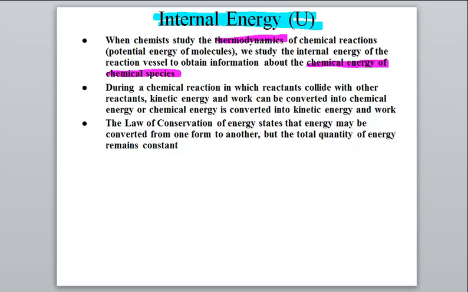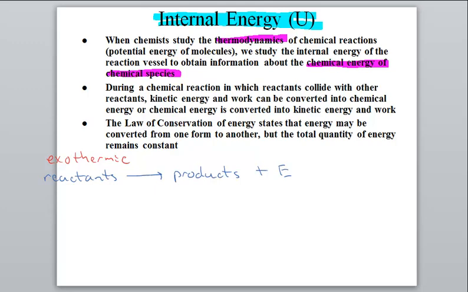As explained earlier, there are two types of chemical reactions. There's exothermic and endothermic. For exothermic, the reactants form products, and in the net process, energy is released to the surroundings. This energy can take on a lot of different forms.